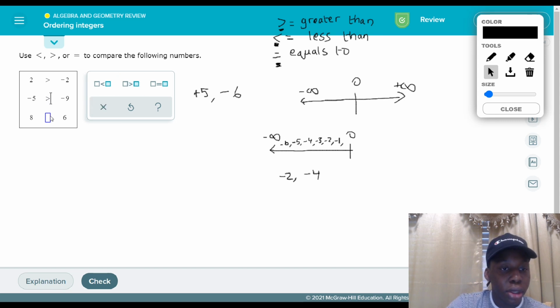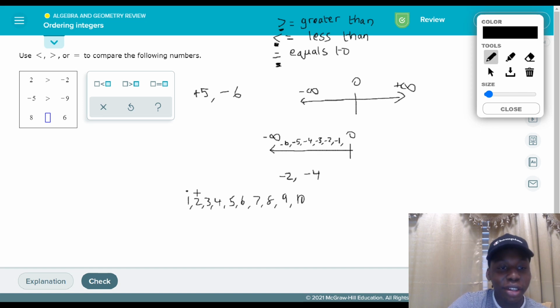Okay, and 8 and 6. We're dealing with normal positive integers. When you're counting your numbers, let's say we're counting 1, 2, 3, 4, 5, 6, 7, 8, 9, 10. Unlike negative numbers, the smallest possible integer you can think of in this case would be 1.